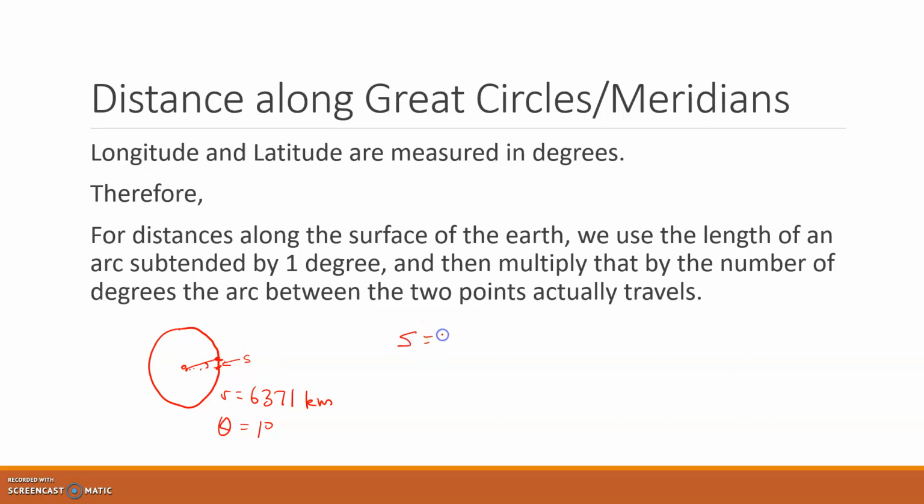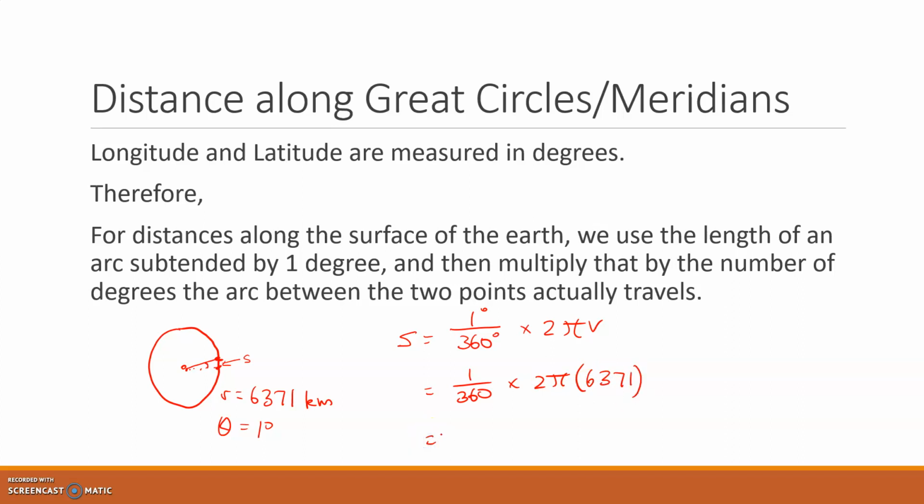Obviously S is an arc, so it's part of the circumference of a circle, and the fraction of a circle that we're talking about right now is a 1 degree slice of a full 360. 1 over 360. This is just the work from exercise 5a, by the way, but applied to the Earth. So 1 over 360 times 2 pi r. I keep that fraction the same, times 2 pi, and my radius here, we assume for the Earth, is 6,371 kilometers.